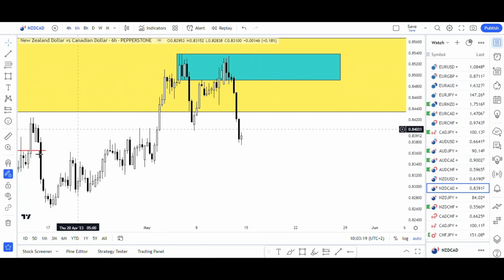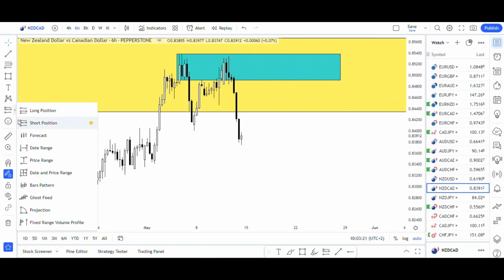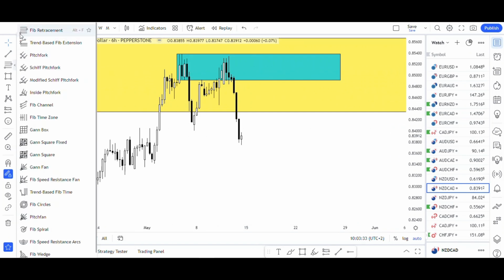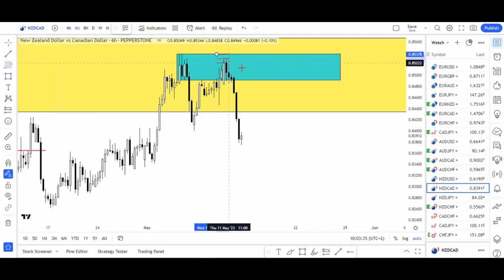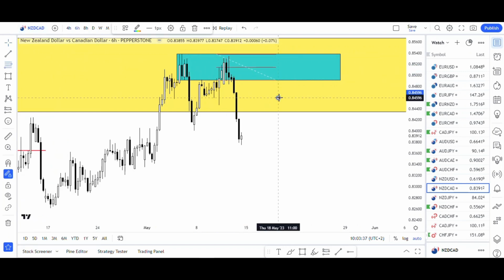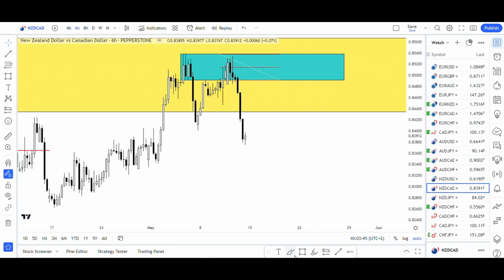Then I take the fib, or you can also take it here. This fib here is a preset. This red area here is the 50%.